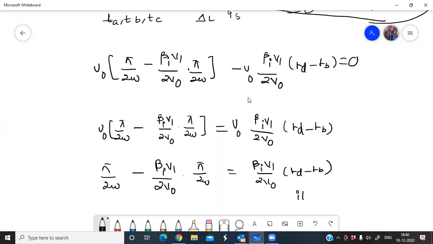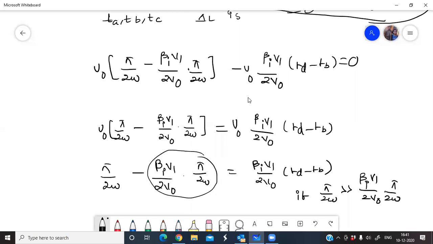Now I want to take the condition that pi by 2 omega is greater than beta I V1 by 2 V naught into pi by 2 omega. What is the meaning of this? When you compare these two, you can neglect this term.